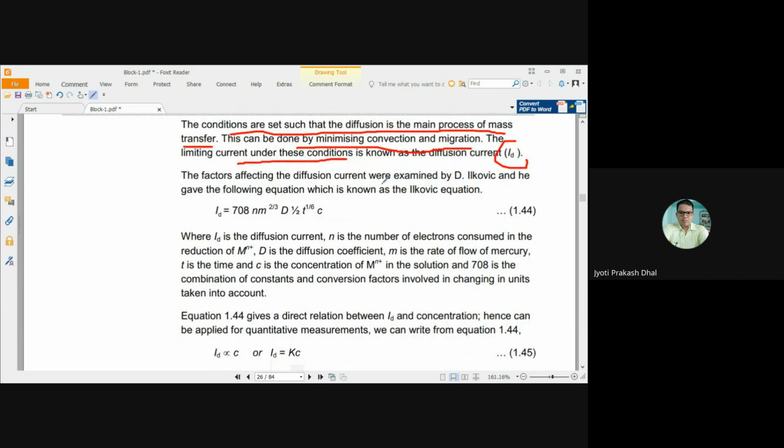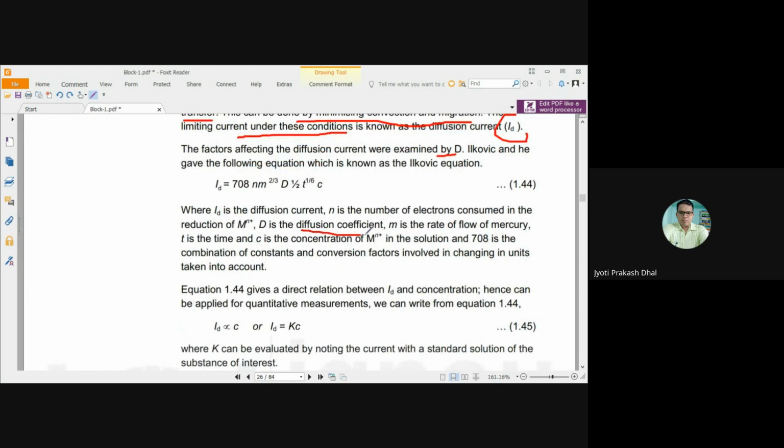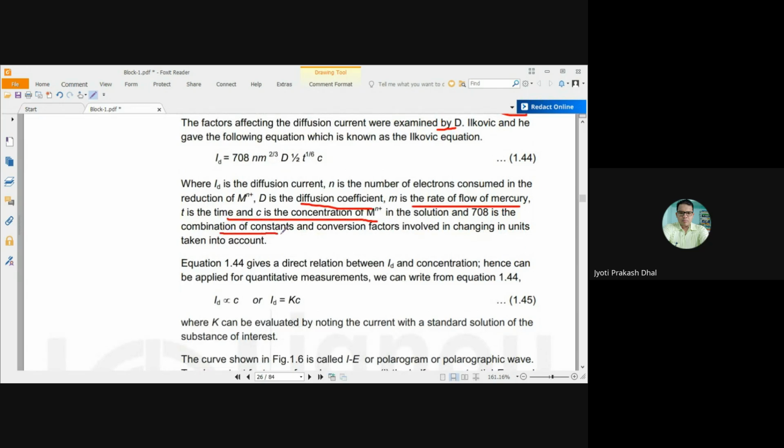The factors affecting the diffusion current were examined by D. Ilkovic, and he gave the following equation: I_D equals 708 n D^(1/2) m^(2/3) t^(1/6) C. Here I_D is the diffusion current, n is the number of electrons consumed in the reduction process of M^n+, D is the diffusion coefficient, m is the rate of flow of the mercury, t is the drop time, and C is the concentration of M^n+. 708 is the combination of the constants and conversion factors involved in changing the units.